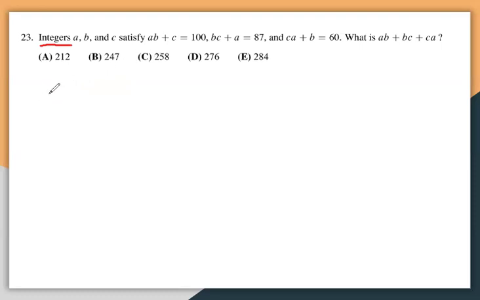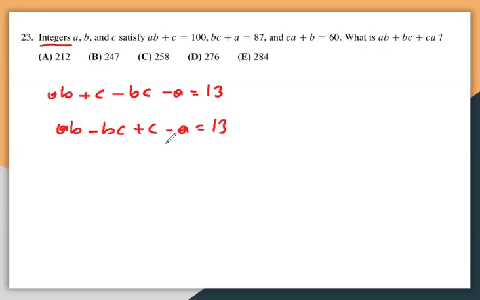So let's take the first two equations. If you take the second equation and subtract it from the first, you end up getting 13, so 100 minus 87. The AB and BC, if I pull those together, that will be AB minus BC plus C minus A equals 13.